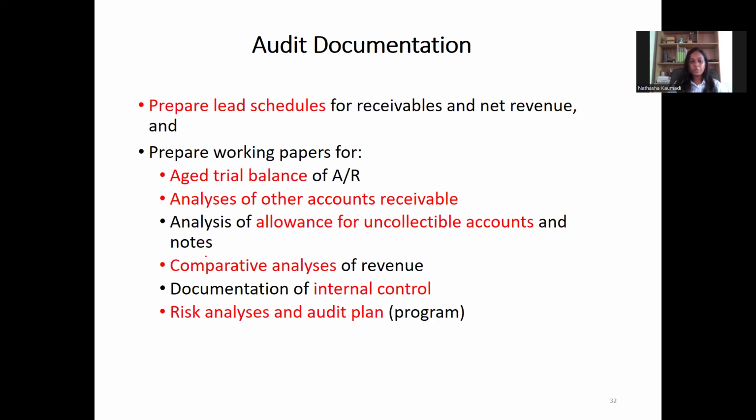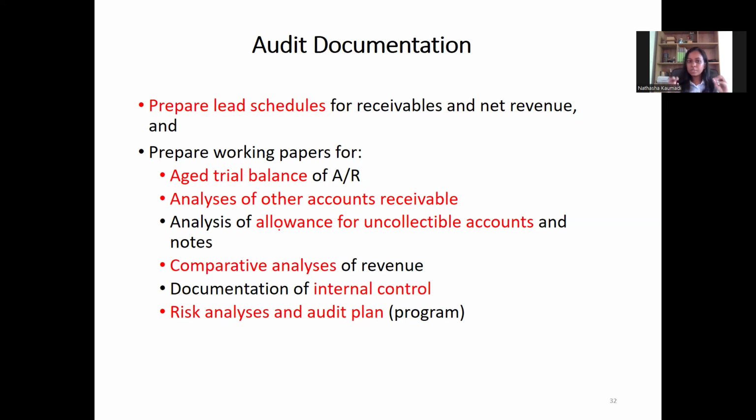And also for revenue, you have to prepare working papers for aging analysis and then analysis of other accounts receivables, those funds, those advances, everything. And then analysis of allowance for uncollectible accounts. Maybe you have done the provision separately. This is client's one, this is my computation, this is the difference.